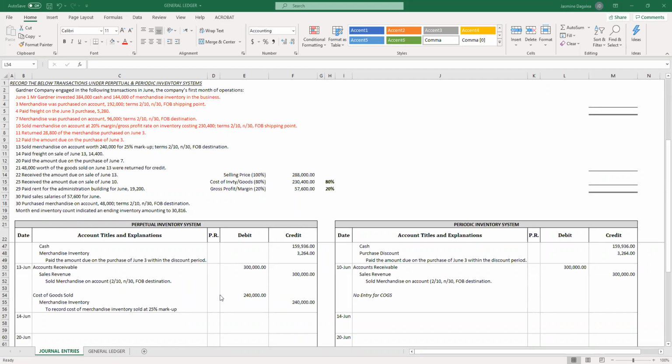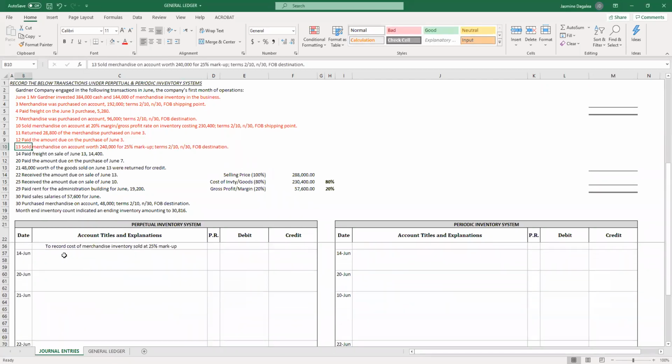Okay. So, done na tayo sa June 13. Next is June 14. Paid freight on sale of June 13, 14,400. So, since seller ka, ang terms is FOB destination, you are responsible for the delivery charges. If FOB destination, the seller is responsible to pay the delivery charges. So what is your entry on June 14 for the payment?